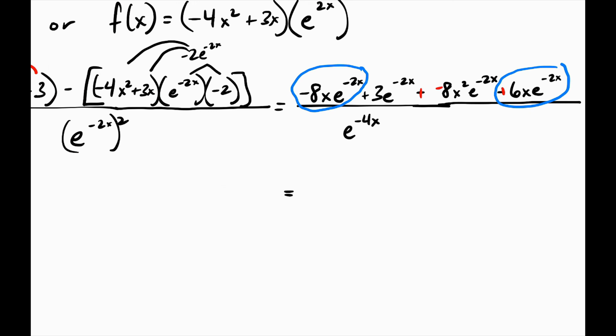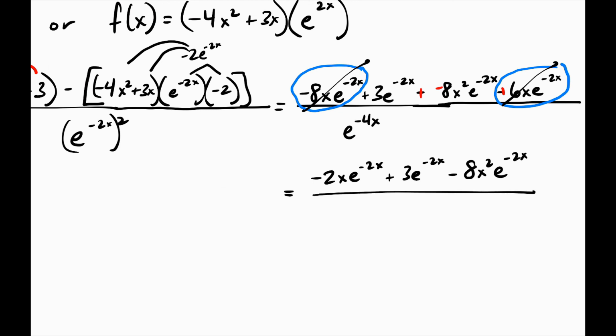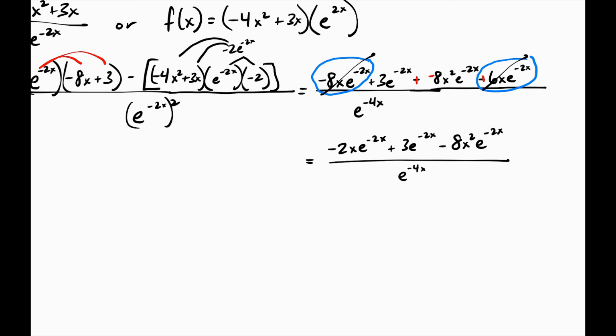So I can add them to make -2, plus 3e to the negative 2x minus 8x squared. All right, then that's the first derivative. So tomorrow we'll figure out how to finish solving that.